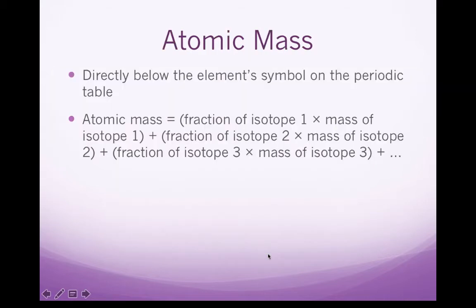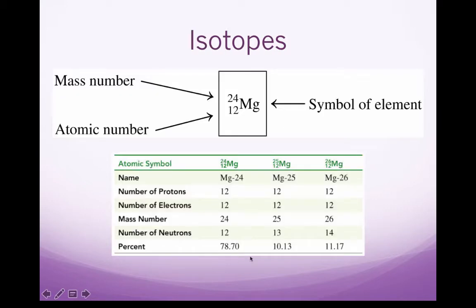So to calculate the average atomic mass, that's equal to the fraction of isotope 1, or its abundance, times the mass of isotope 1, plus the fraction of isotope 2 times the mass of that isotope, plus the fraction of isotope 3 times the mass of isotope 3. We just get the fraction of each isotope by taking the percent and dividing by 100.